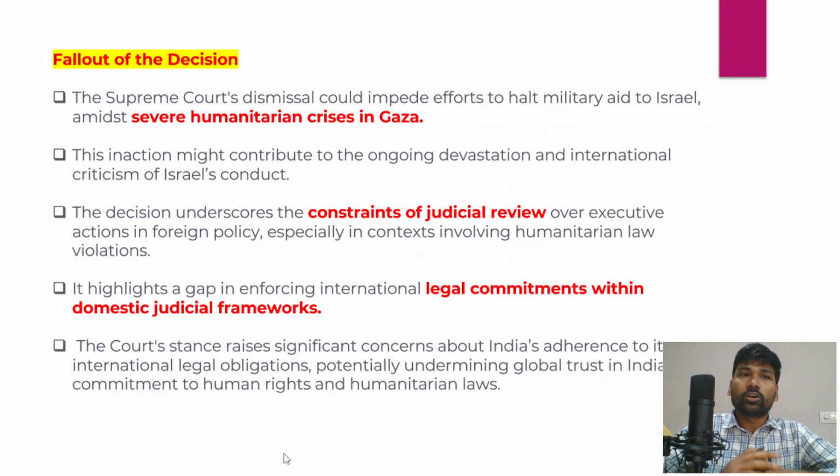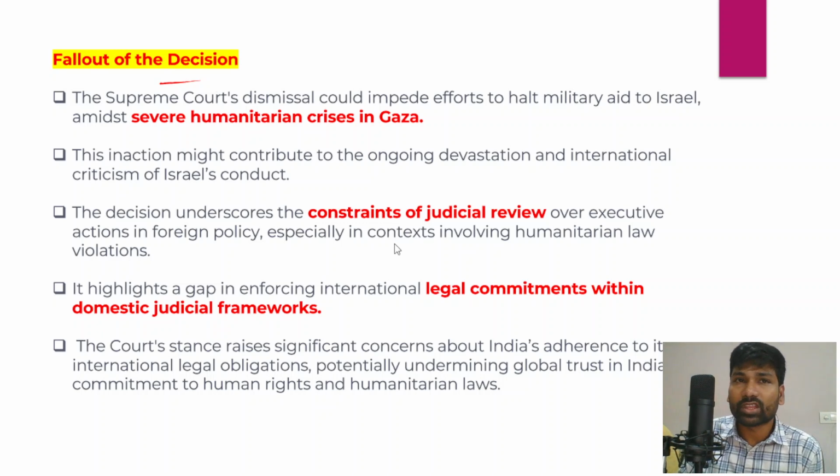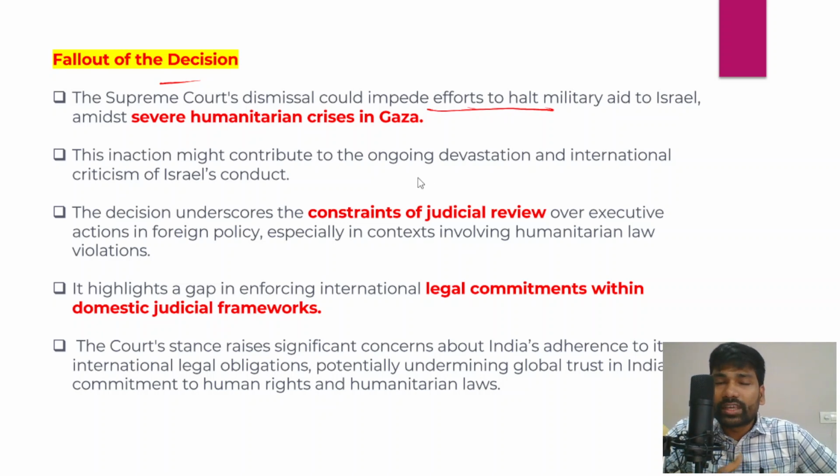So the fallout of the decision is that the Supreme Court's dismissal could impede efforts to halt military aid to Israel. And so we can say that the Supreme Court's dismissal of this particular petition will virtually stop efforts from India to stop a humanitarian crisis or genocide in Gaza that has been taking place.